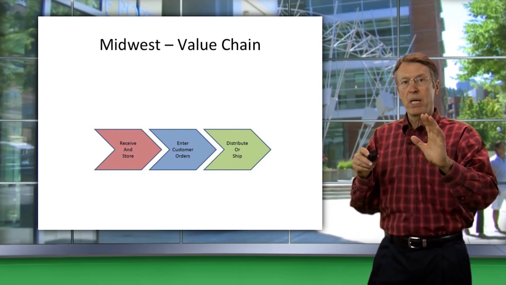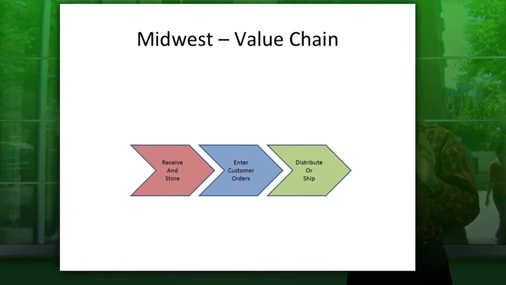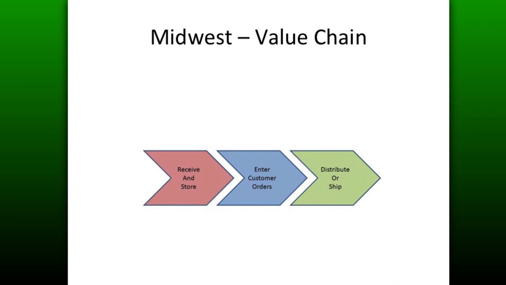I'm going to zoom in on this slide, have it fill the whole screen, so that you can see at a very high level what Midwest essentially is doing. First, they're receiving incoming office supplies and storing them. That's the receiving and warehousing process in the value chain.